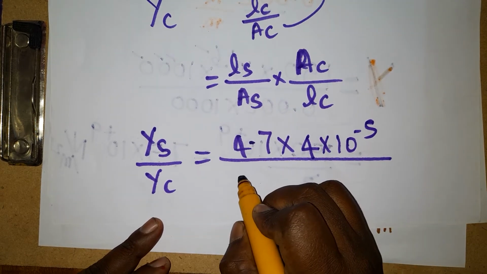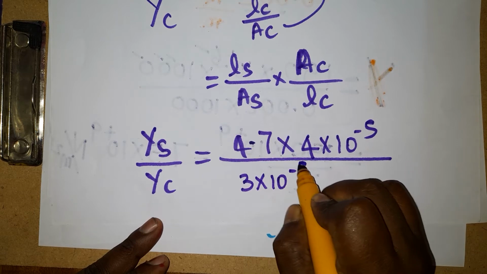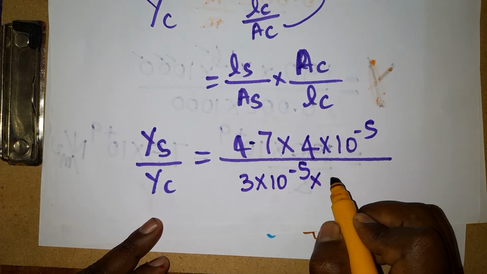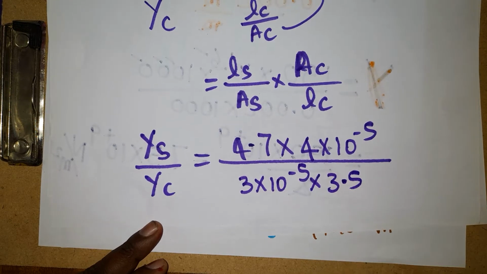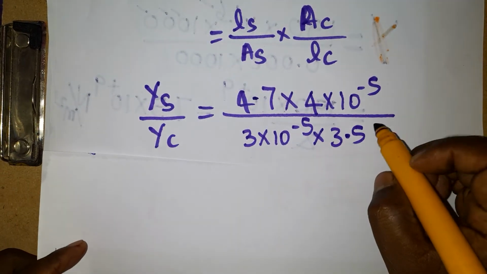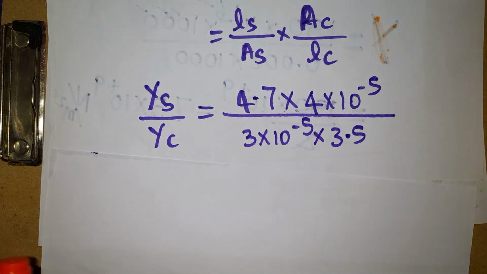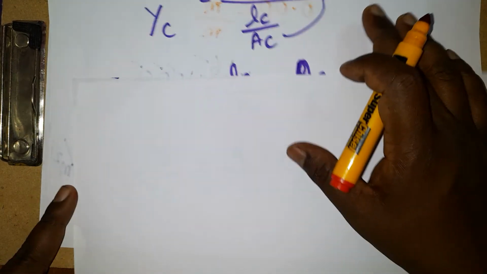Next the area of the steel wire is 3 into 10 power minus 5. The length of the copper wire is given as 3.5. Now the next step we should do the multiplication, then you will get the ratio between these two. Okay. So 10 power minus 5 will get cancelled. Directly you can cancel the power.